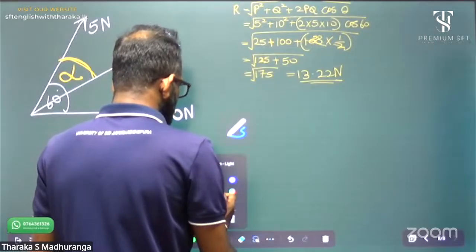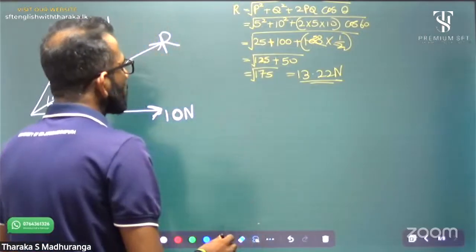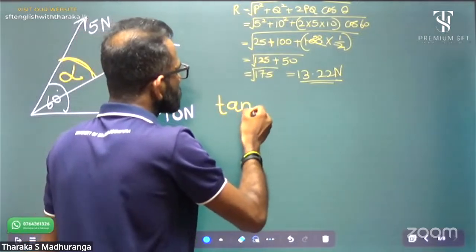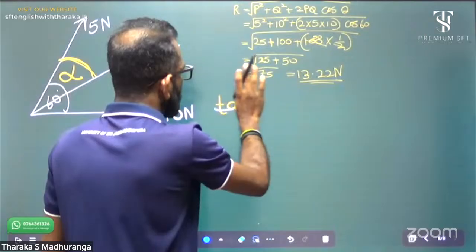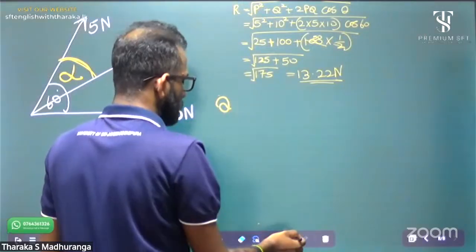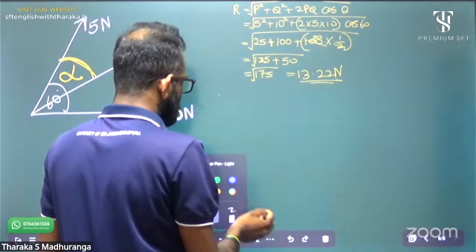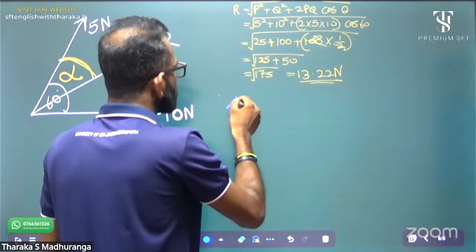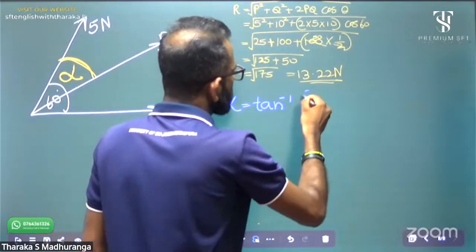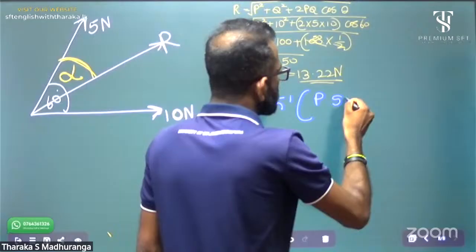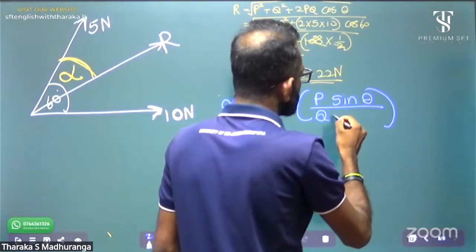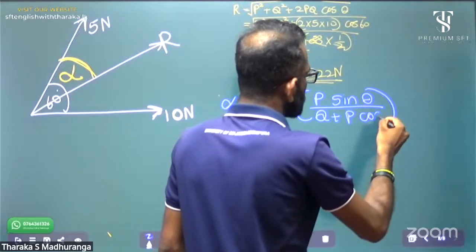Now, what is our equation to calculate the direction? Alpha equals tan inverse of P sin theta over Q plus P cos theta.